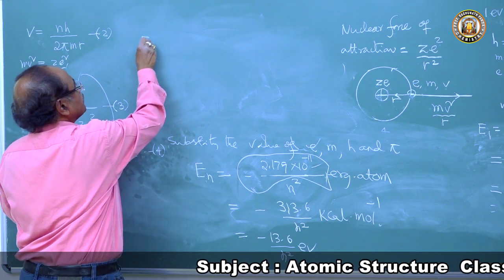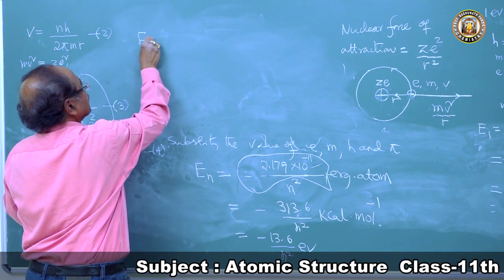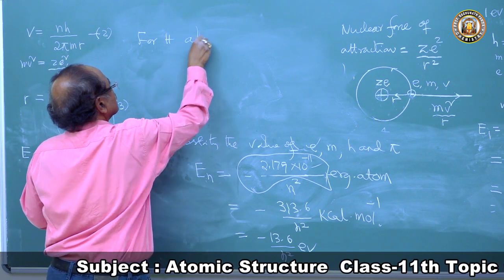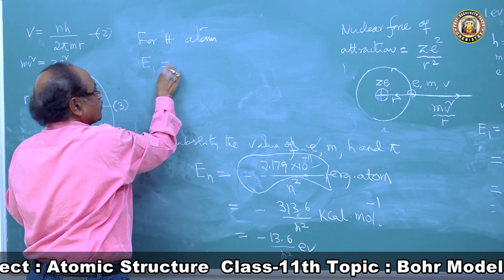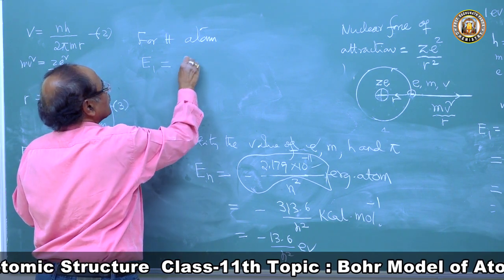So E1 for hydrogen atom, the energy of the electron moving in the first shell.